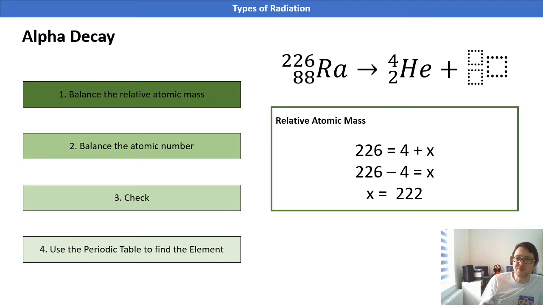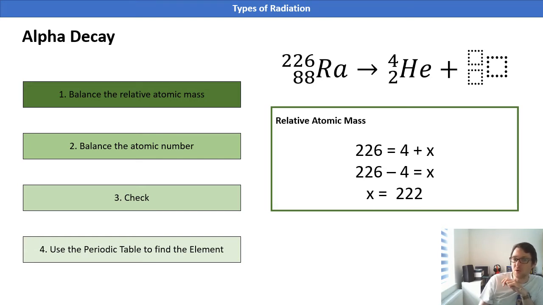Here we've got radium-226 decaying through a helium-4-2, which is an alpha particle decay. The most important thing is to make sure the top number, the mass number, is balanced on both sides of the arrow, think of that as an equals, and that the atomic number is balanced on both sides too.